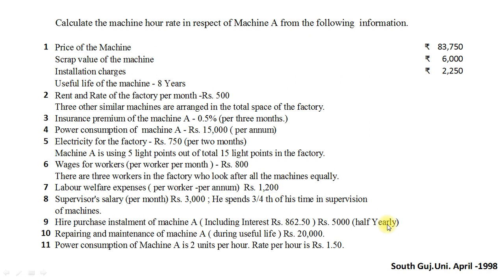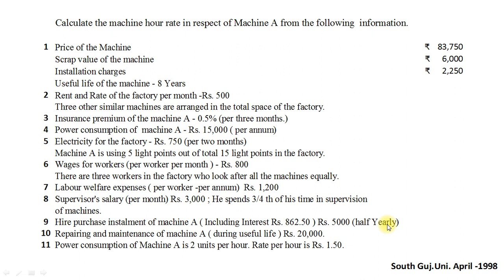So here half yearly interest we are paying is 862.5. We need annual, so multiply by 2. So our interest portion in hire purchase installment of machine A, annual, is rupees 1,725.